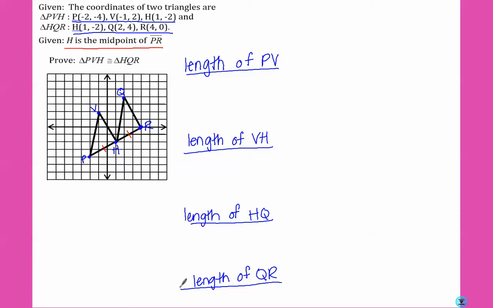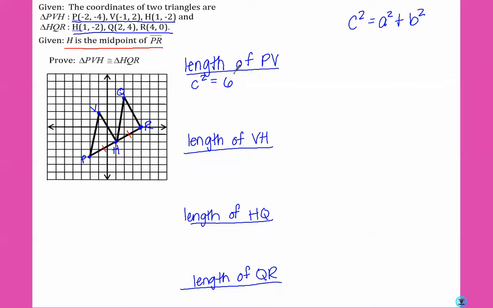And if you recall from previous units, we can determine the length of a line segment using the Pythagorean theorem. Recall that that is c squared equals a squared plus b squared. So for PV, c squared would equal, we go up 1, 2, 3, 4, 5, 6, and over 1.